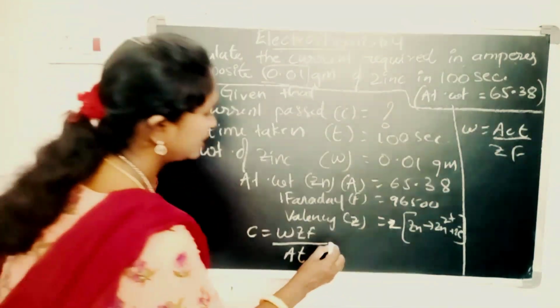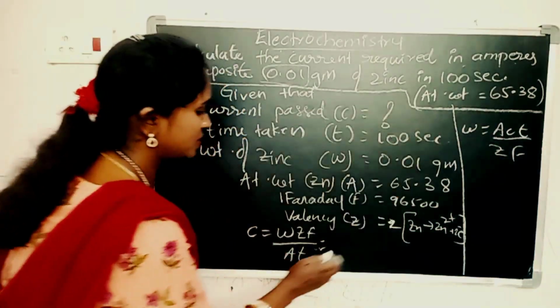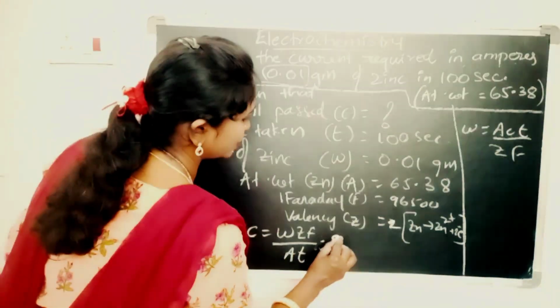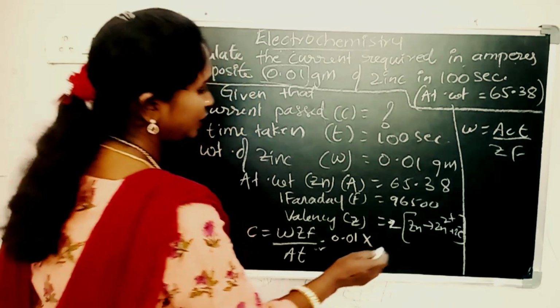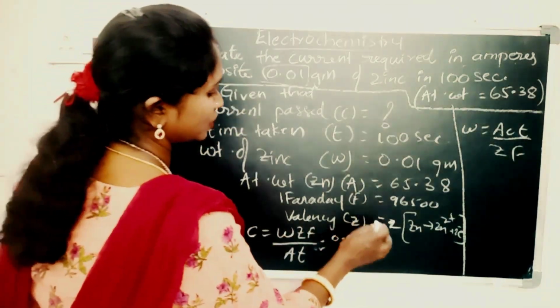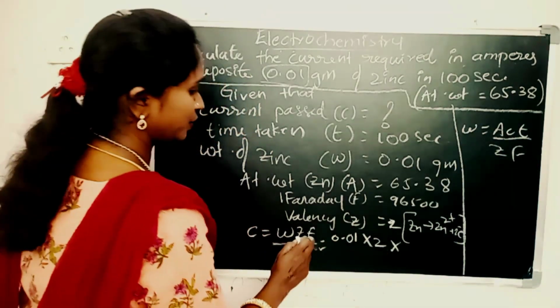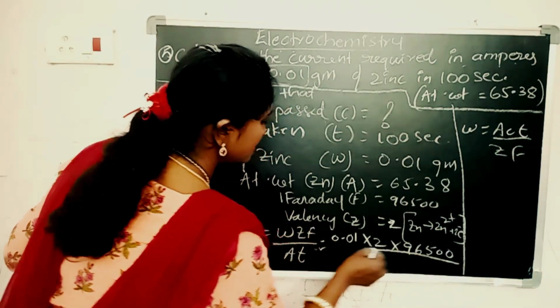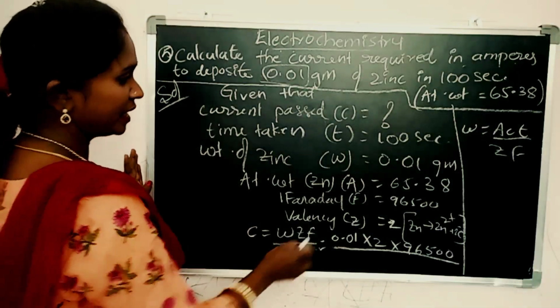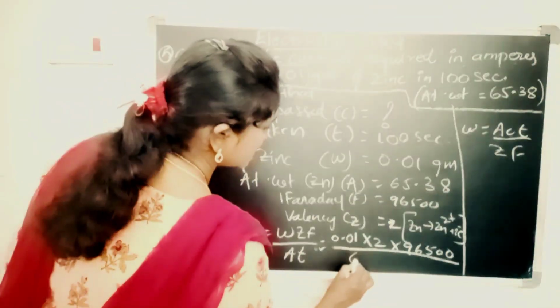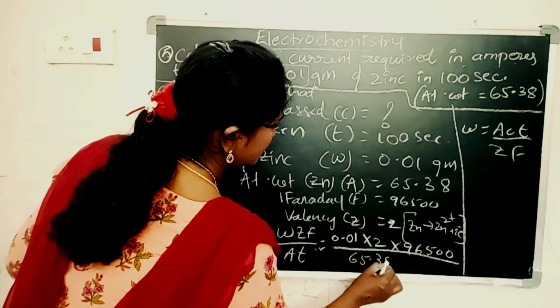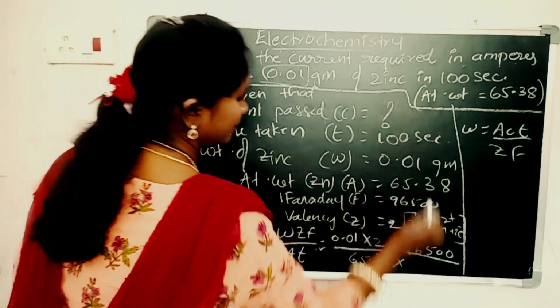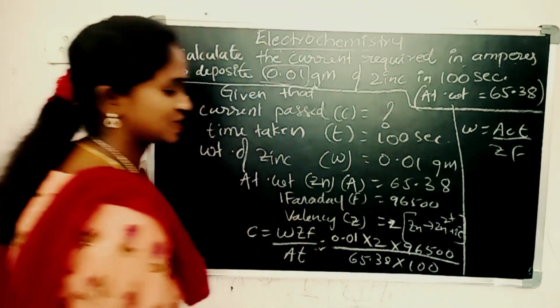So here we can place all the values: W equal to 0.01, Z equal to 2, F equal to 96,500, by A equal to 65.38, into T equal to 100 seconds.